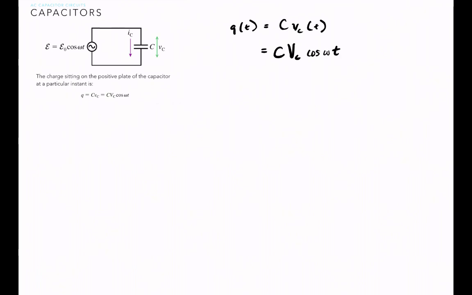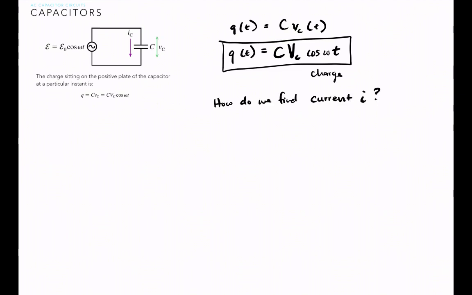How do we find instantaneous current? Current, right, is dQ/dt. We take a derivative of this with respect to time. What does that give us?